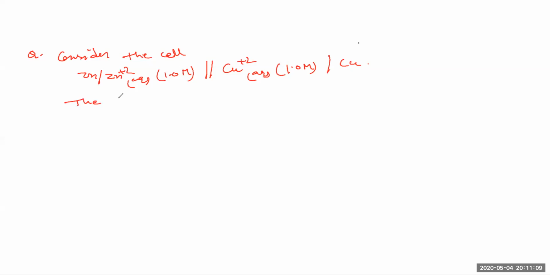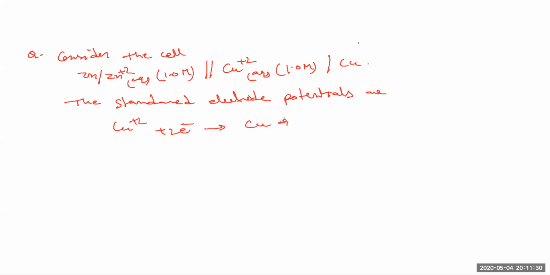Next, take the other values. The standard electrode potentials are: Cu plus 2 plus 2 electrons gives rise to copper, so its E0 value is given already. You know that from the electrochemical series also, 0.35 volts, right?